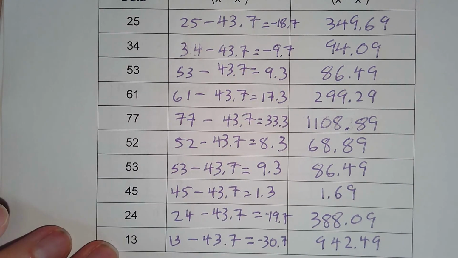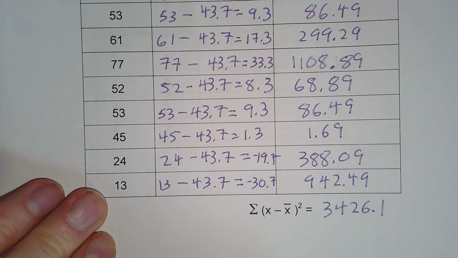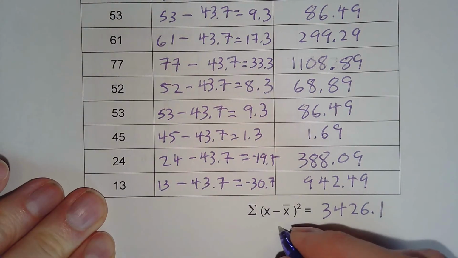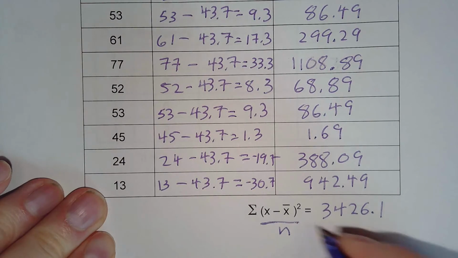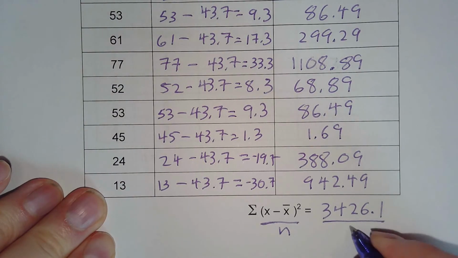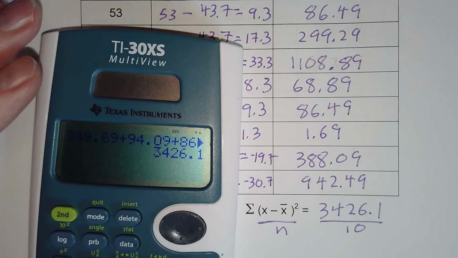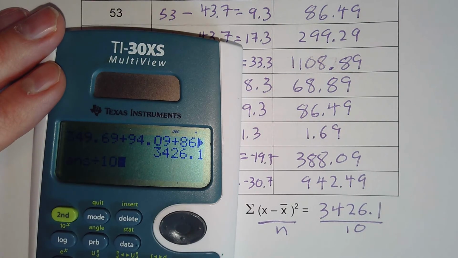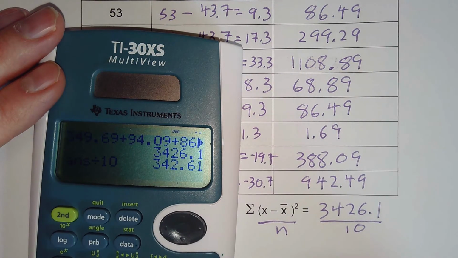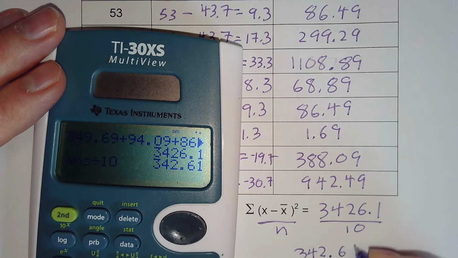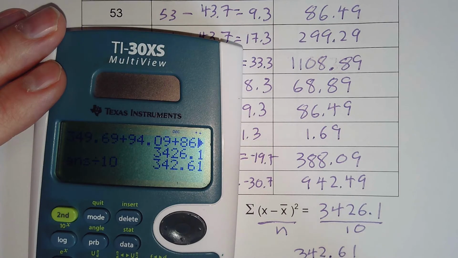Now we have 10 data points, and this is not a sample, this is a whole population, so we want to divide this by n. If we divide that by 10, that will give us our variance, 342.61. And then to get our standard deviation, we want to take the square root of that.